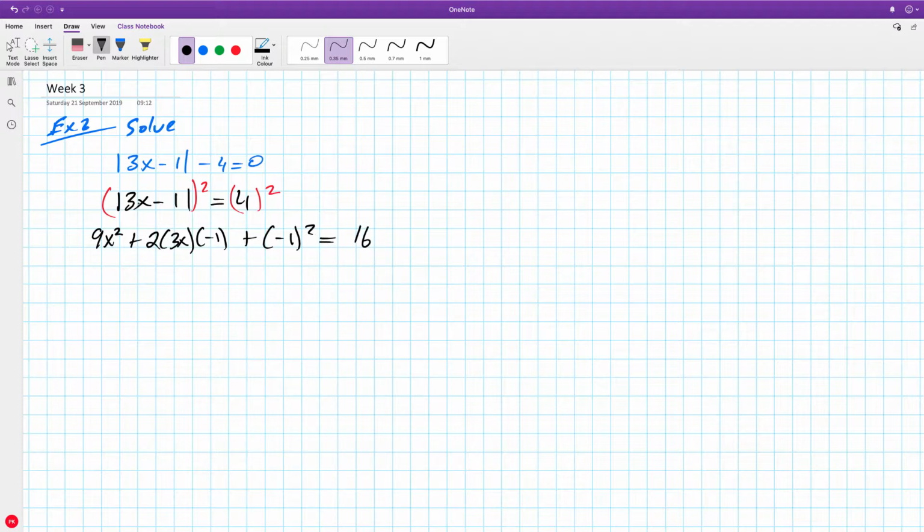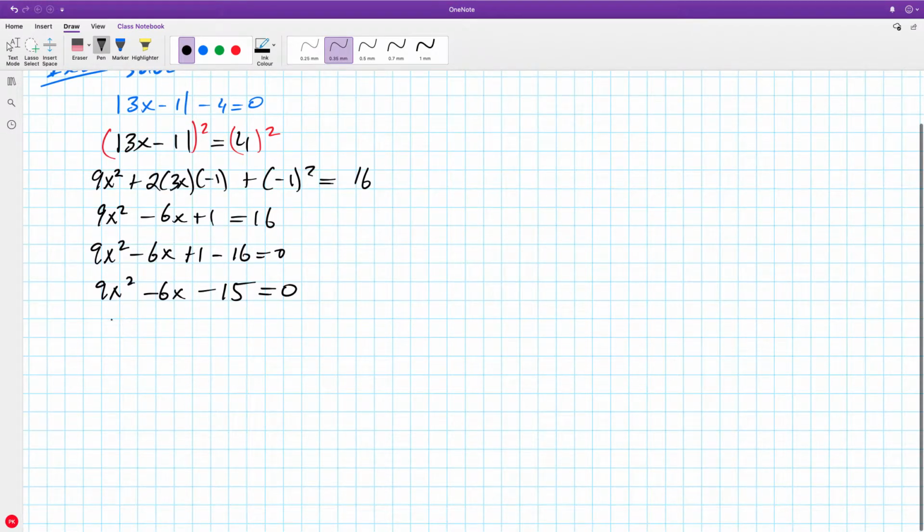You can obviously square them out regularly, bracket, bracket, 3x minus 1 by 3x minus 1. So that's 9x squared minus 6x plus 1 is equal to 16. 9x squared minus 6x plus 1 minus 16 is equal to 0. 9x squared minus 6x minus 15 is equal to 0.